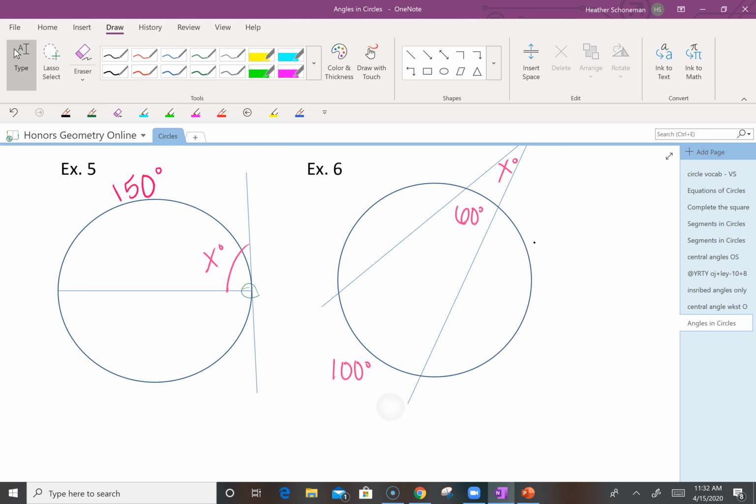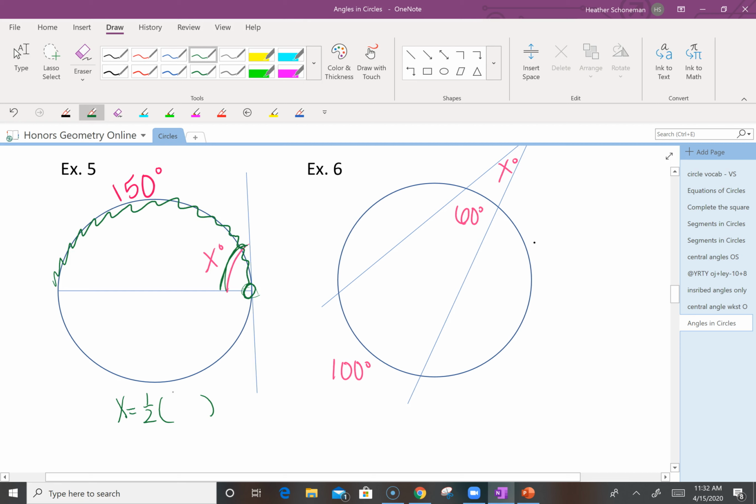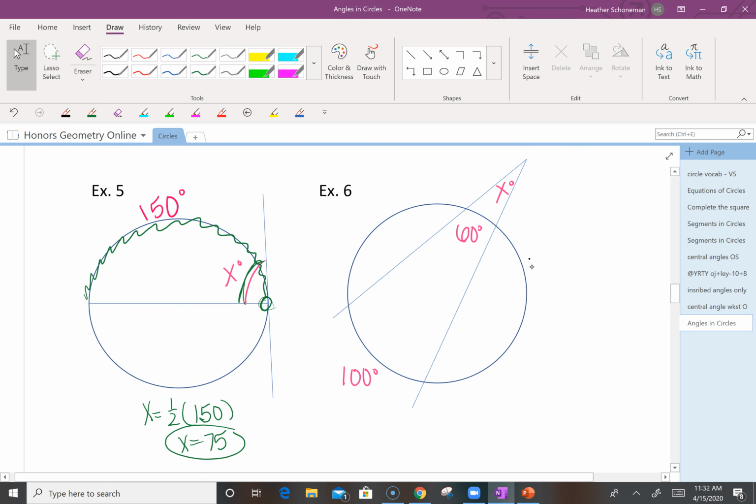The vertex is on the circle. So when it's on the circle, the angle is going to be 1/2 of the intercepted arc. Well, this whole thing is the intercepted arc, so it's going to be half of 150. So x is 75.